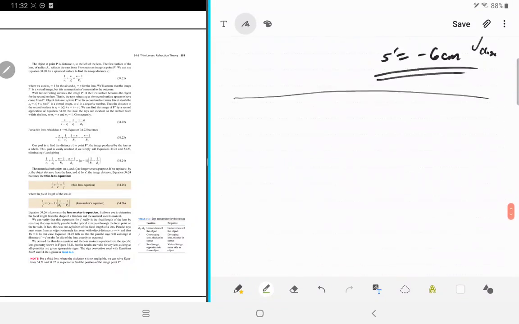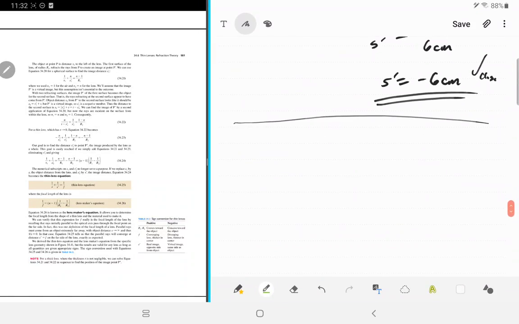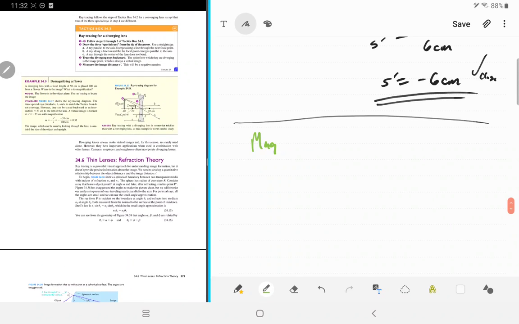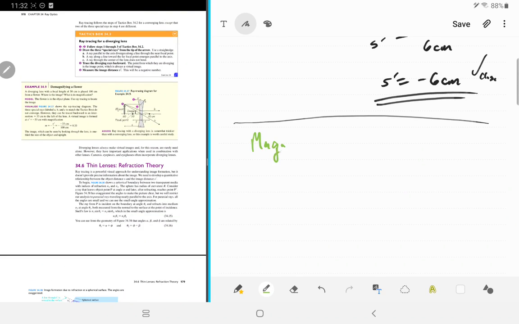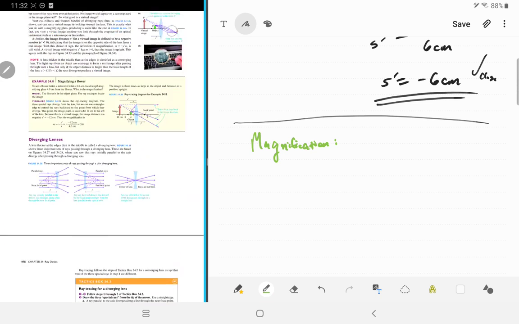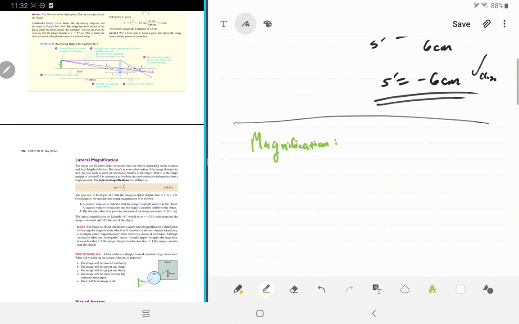Okay, magnification. This is what we skipped over from that previous section. The magnification m is minus s prime over s.